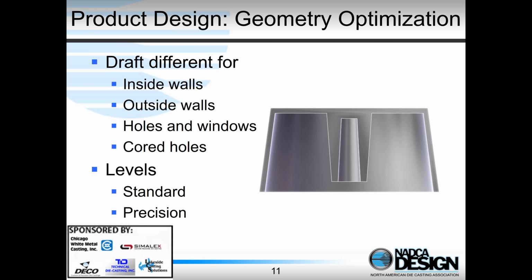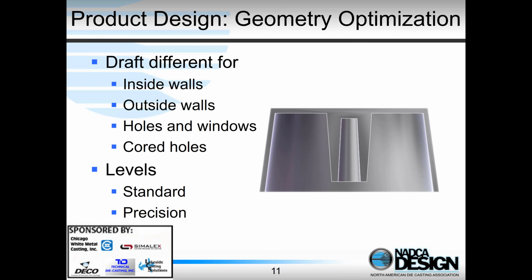We can get away generally with more draft on those castings. It makes them easier to make. But as I go towards higher performance castings, or maybe applications where I need a greater level of control over the casting, then we start looking at the precision level of draft, and that requires us, I should say, to use a lower level of draft.